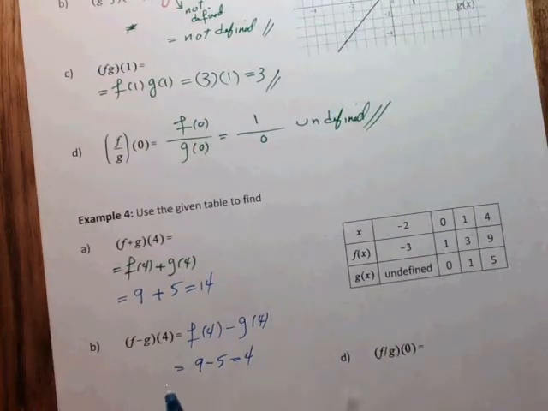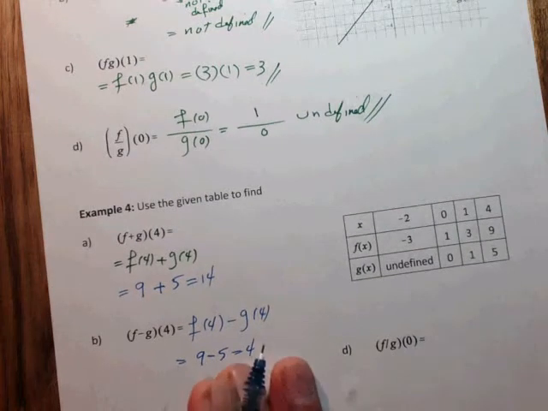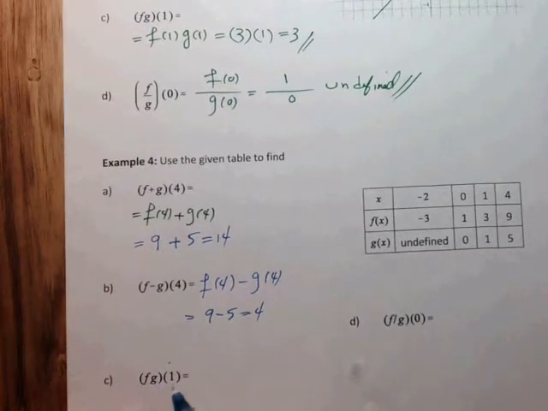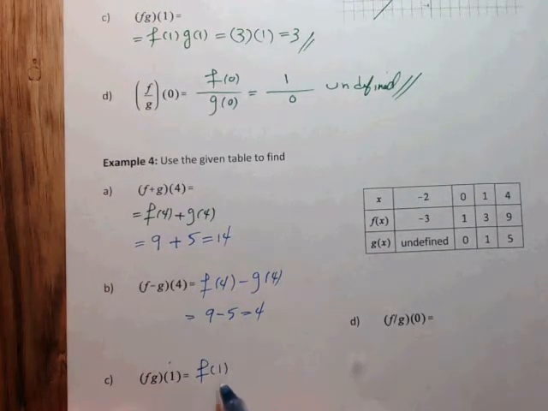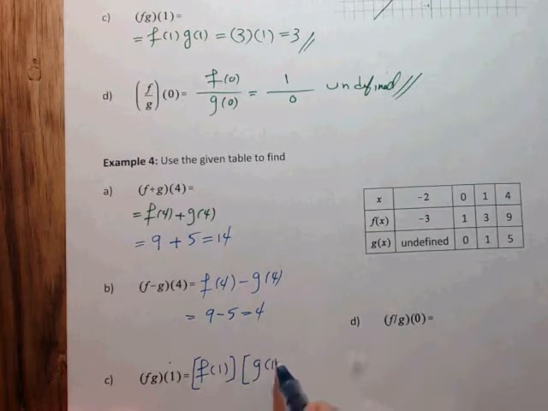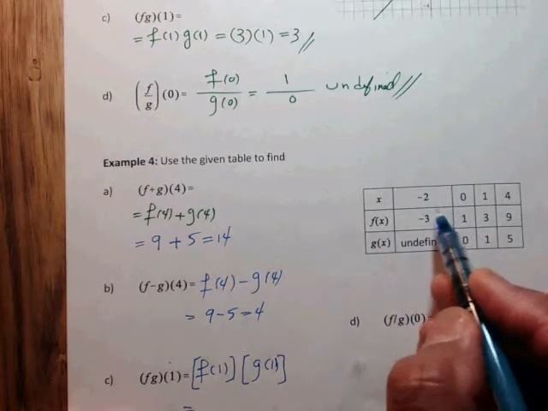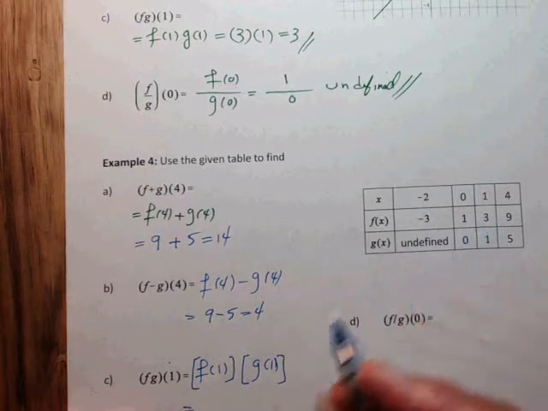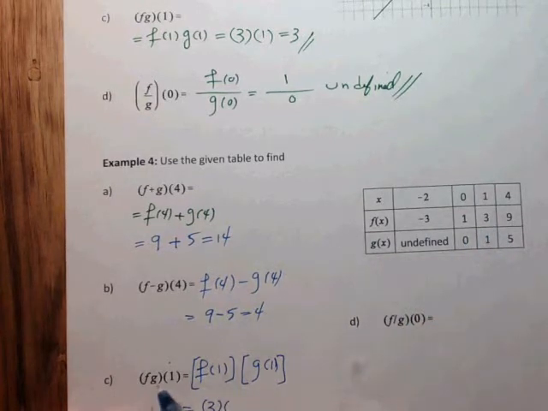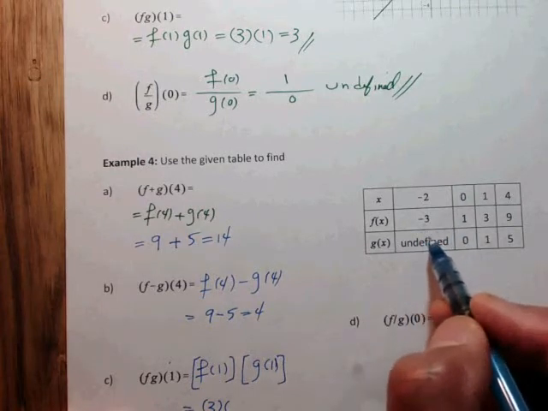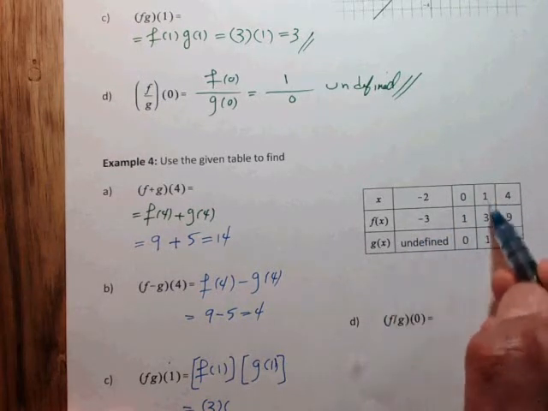F times g at 1 is f of 1 times g of 1. F of 1 is 3, g of 1 is 1.